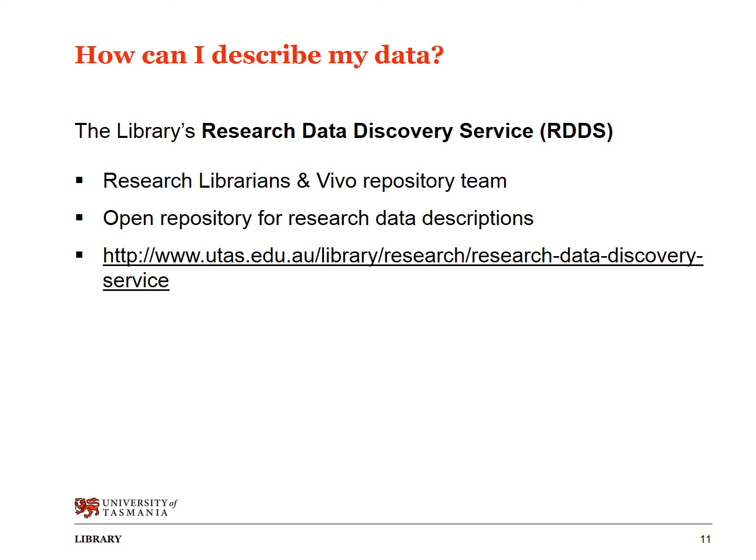So Vivo is the name of the platform that we use for the service, and the Vivo repository team are the people that will enter the data, and us research librarians, we can work with you to come up with the data descriptions. Now, the aim of this service is to make data descriptions from UTAS researchers openly available and hence make them discoverable. So really, it is an open repository for research data descriptions.